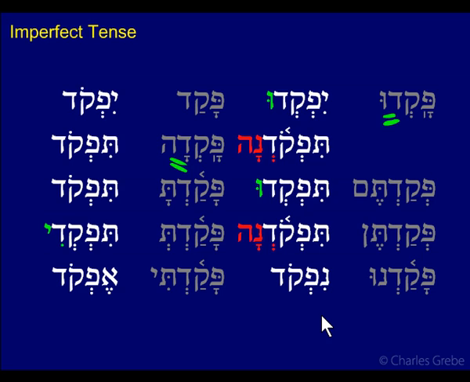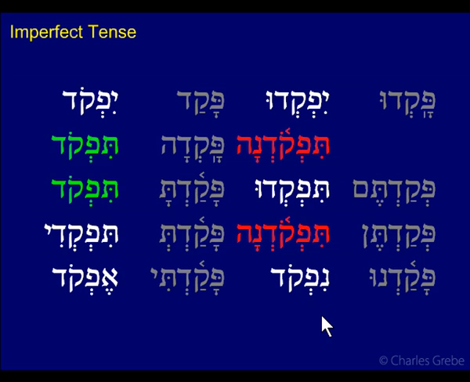Okay, so those are prefixes and suffixes. Now we have 2 sets of pairs. Over here we have tifkod and tifkod. They're exactly the same. This is 3fs, and this is 2ms. So this is when you're speaking to her, a third person feminine singular. Pakad is to visit.